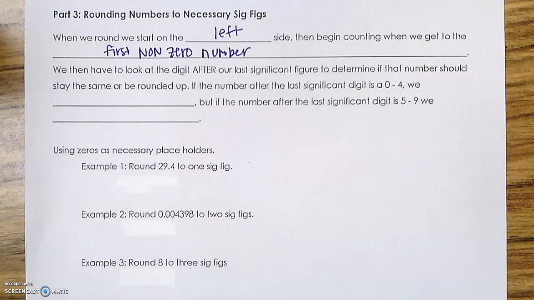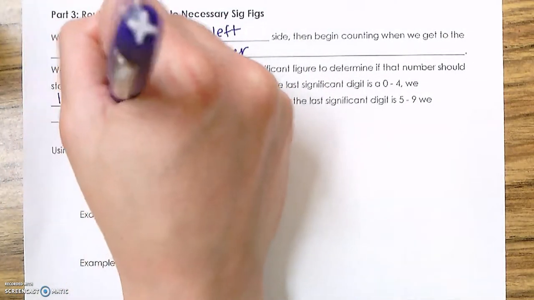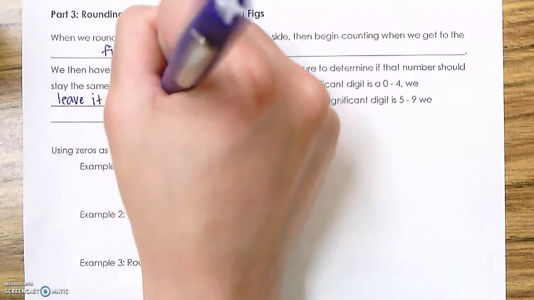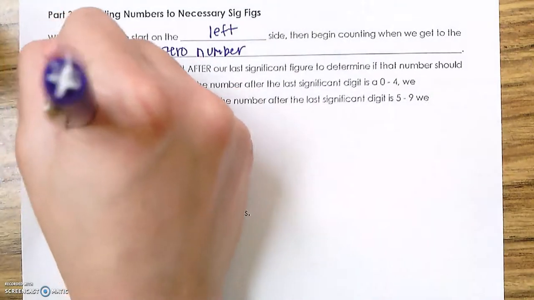We then have to look at the digit after our last significant digit. That next digit is what determines our rounding. If the digit is 0 to 4, we leave it the same. And if that digit is 5 to 9, we round up.